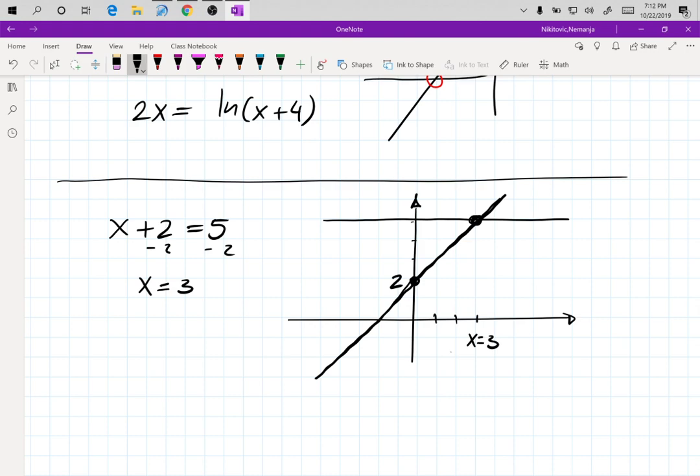The x-coordinate of that intersection is going to be the solution for that equation. So this point over here is 3, 5, and from there I extract that x equals 3 is a solution. It's a very simple idea.